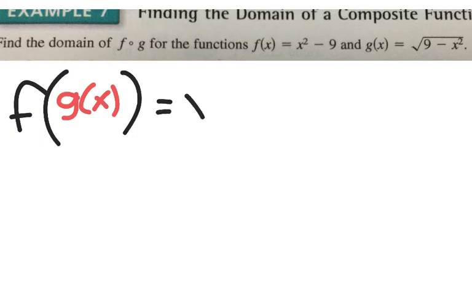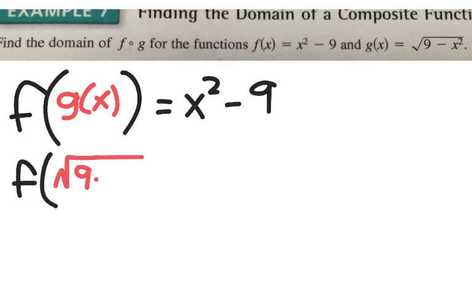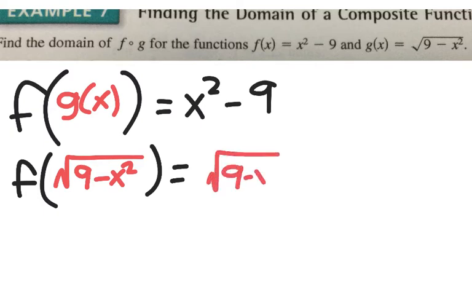All right, well, f of x is x squared minus 9. So that means I'm finding f of g, which is radical 9 minus x squared. Which means I'm going to plug that in for x. So I've got radical 9 minus x squared, squared, minus 9.